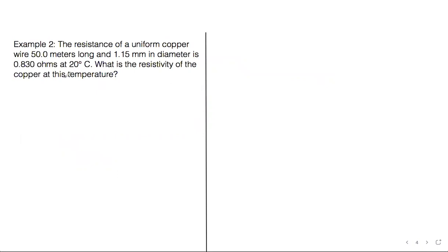The resistance of a uniform copper wire 50.0 meters long and 1.15 millimeters in diameter is 0.830 ohms at 20 degrees Celsius. So what is the resistivity of the copper at this temperature? So here you want to find resistivity. You have the length as 50 meters.